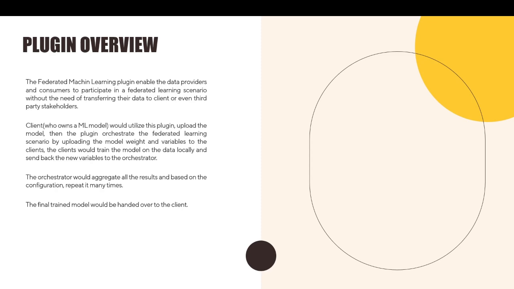There are different aggregation strategies, and based on the configuration, it may repeat sending the model variables to the clients with the data multiple times, to increase the accuracy and improve the model. Once it's done, the final trained aggregated model is handed over to the client who owns the initial model.